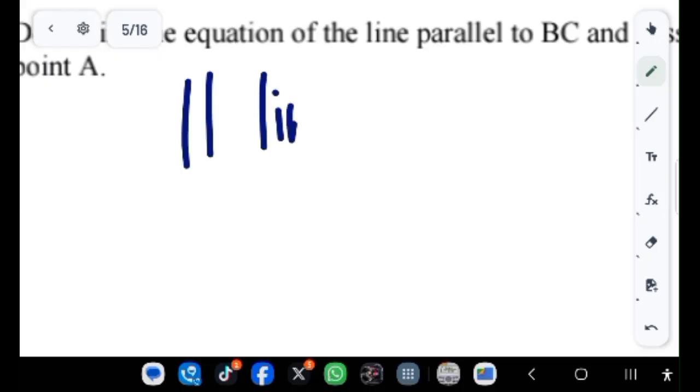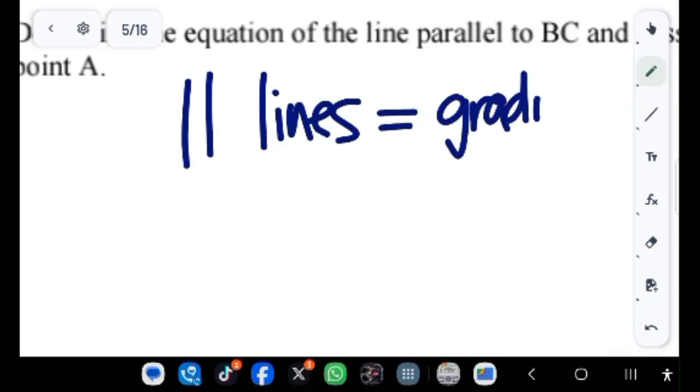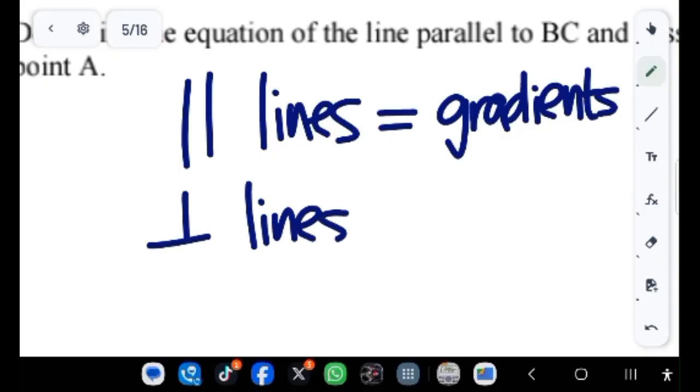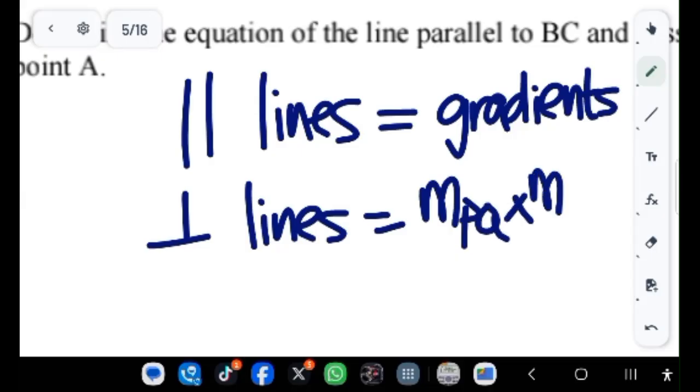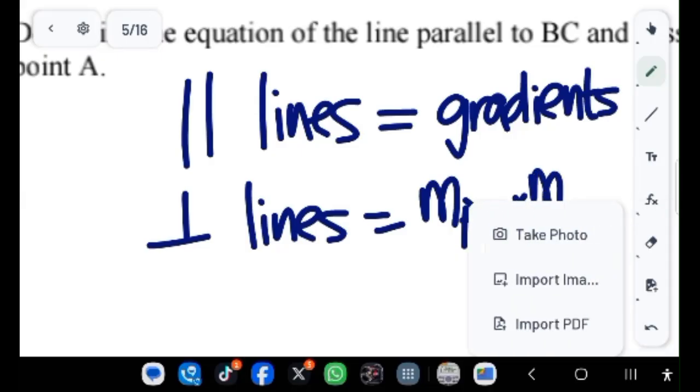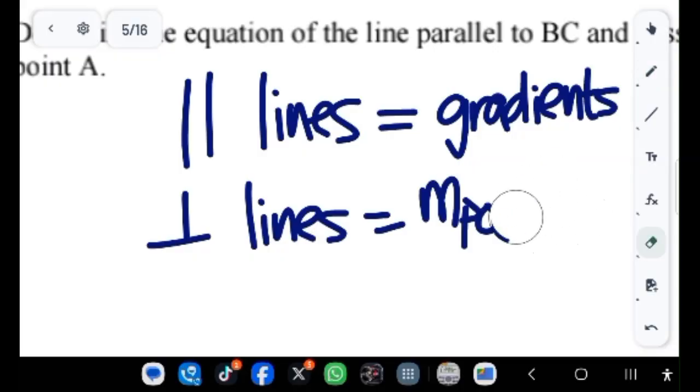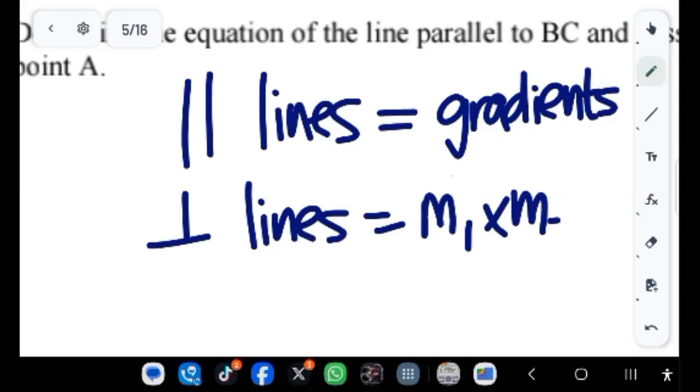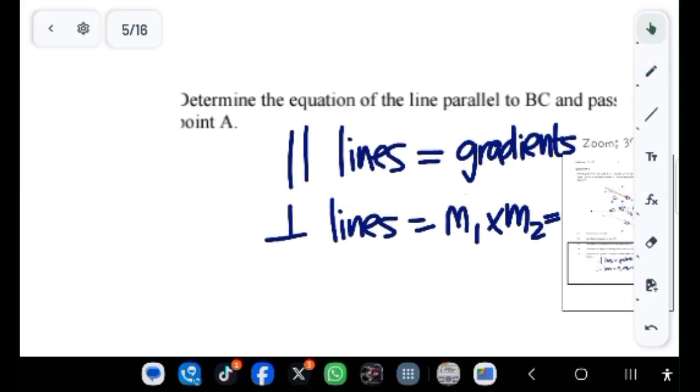For perpendicular lines, the product of the gradients is -1. M1 times M2 equals -1. Just keep that in mind.